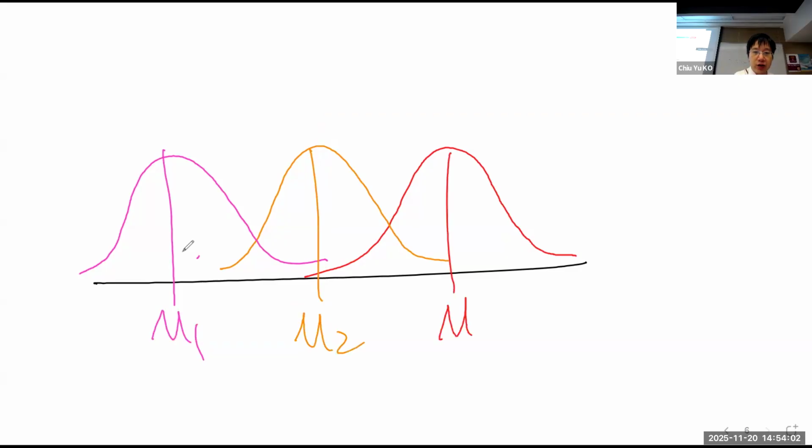I don't know the true means; we only have some data coming from each distribution.